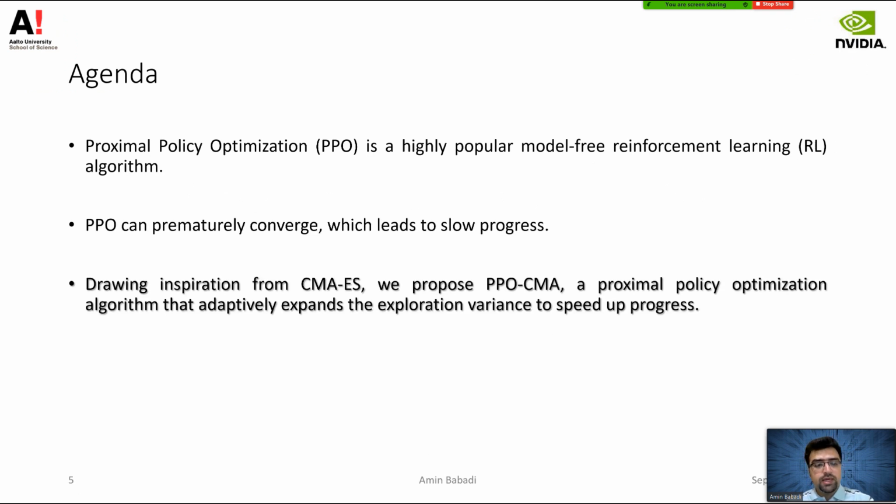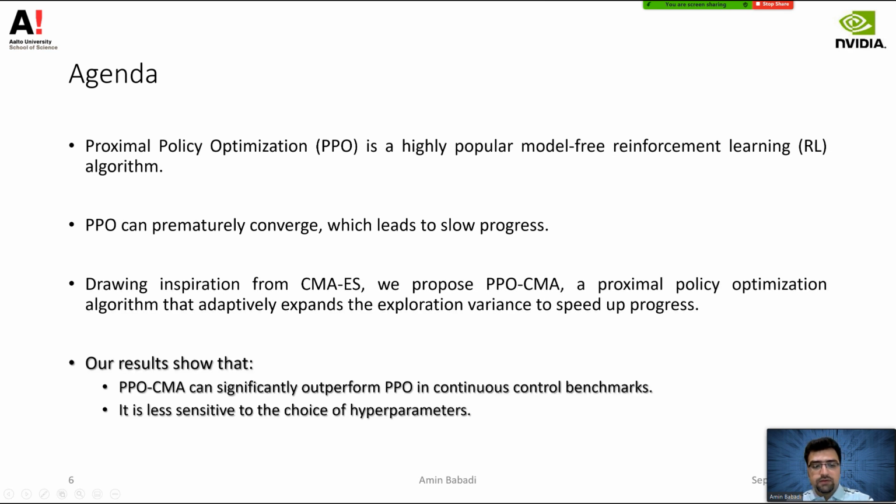We then, in order to mitigate this issue, drew some inspirations from CMA-ES to propose our own algorithm called PPO-CMA, which is a proximal policy optimization algorithm that can adaptively expand the exploration variance to speed up progress.